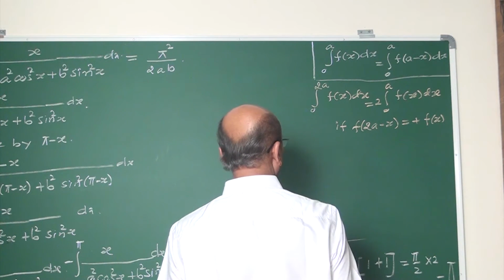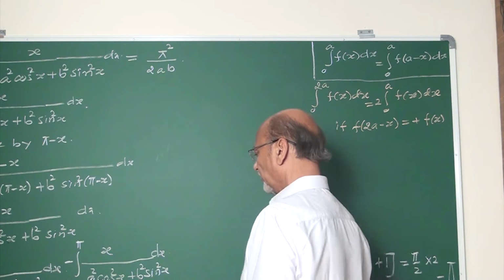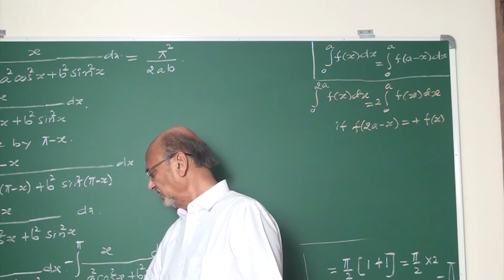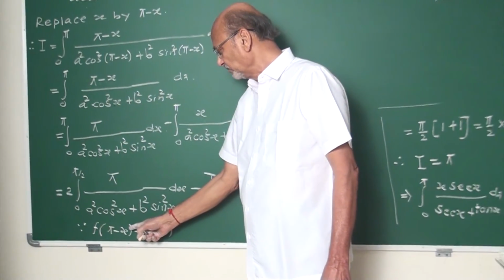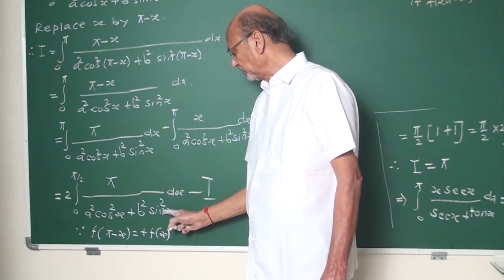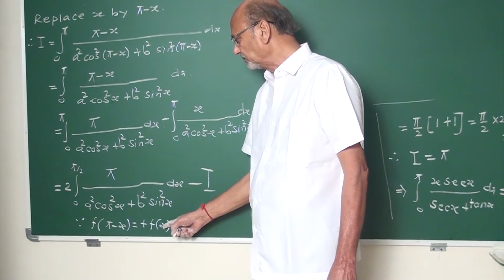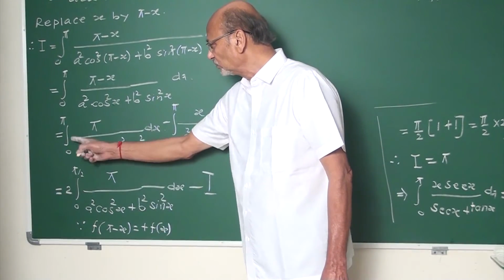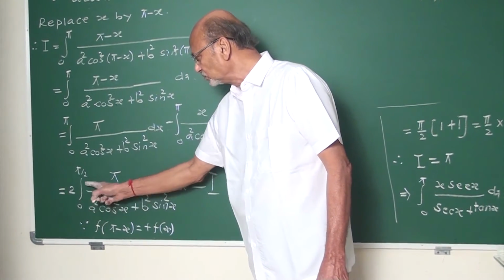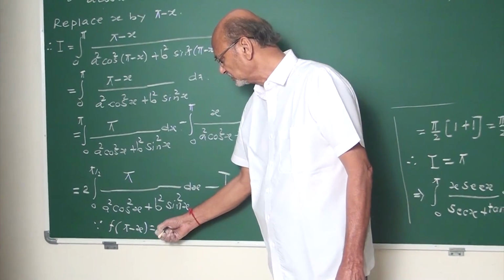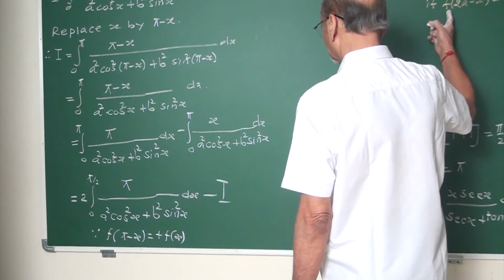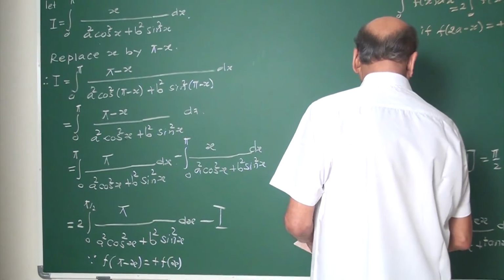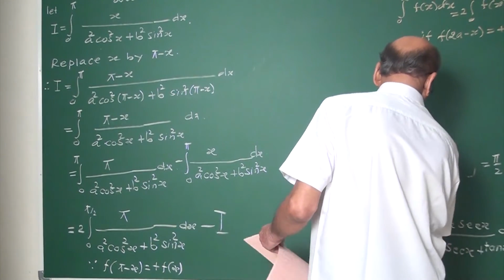Sixth property, my friends, sixth property. If you replace x by upper limit, this pi minus x, you get plus fx itself, same. Therefore, this 0 to pi can be written as 2 times 0 to pi by 2 because of this theorem. Yes, friends. Right, continue with it.